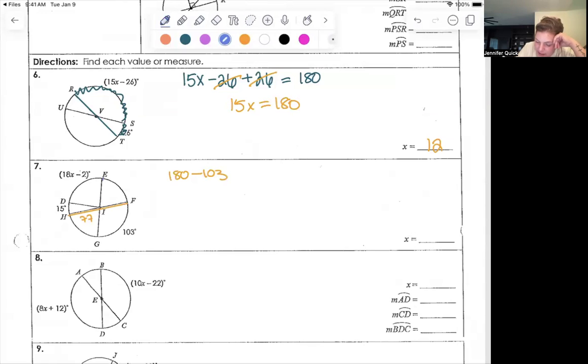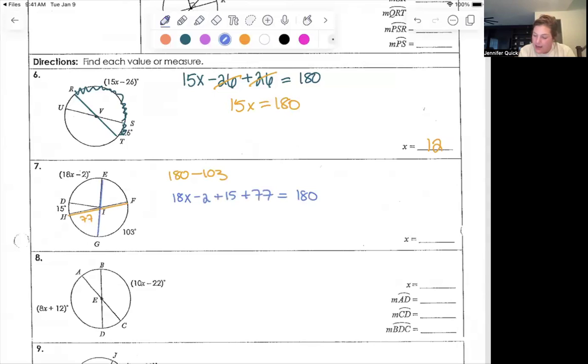And then I do see that these three angles right here make a 180 line. But again, there's multiple ways to go about doing this. So what I would do is add up 18x minus 2 plus 15 plus 77 equals 180. You could obviously subtract all of those and equal them all the same. Doesn't matter.